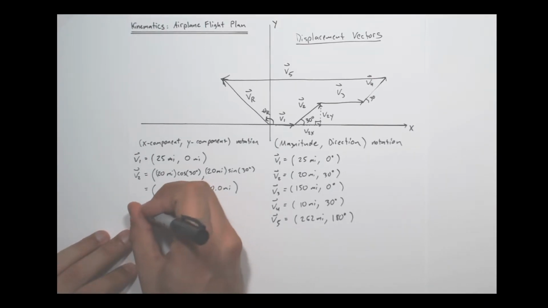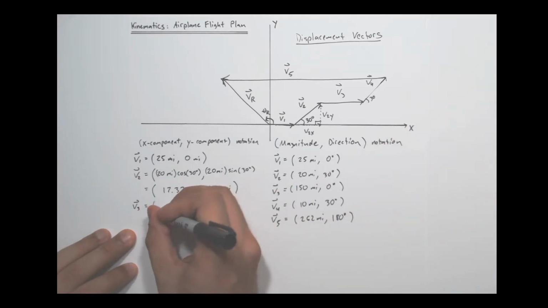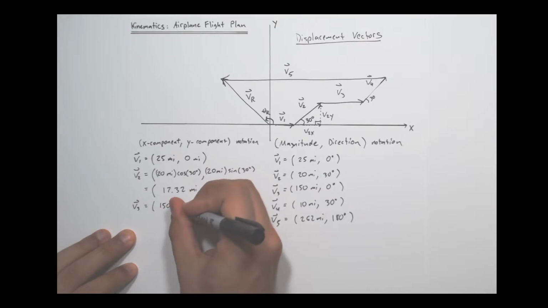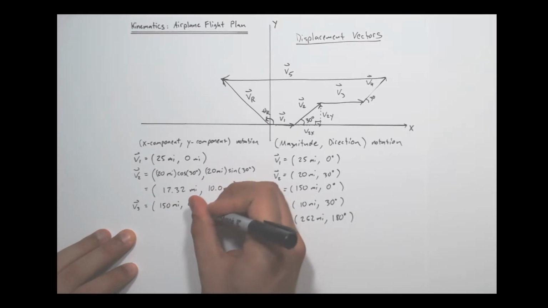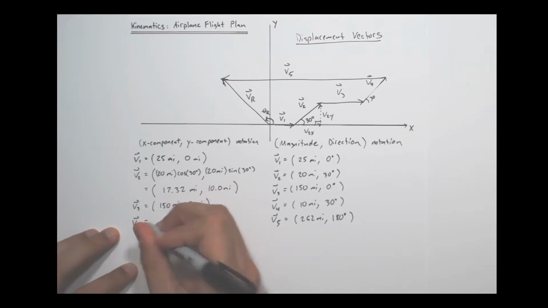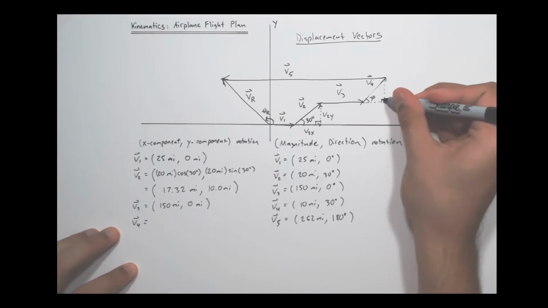Now we move on to vector 3, and this is another horizontal one, so we can just write the components without any trig. We're just going to have 150 miles as the x component and 0 miles as the y component. But back to vector 4, this is another one that has an x and y part to it because it's at an incline.